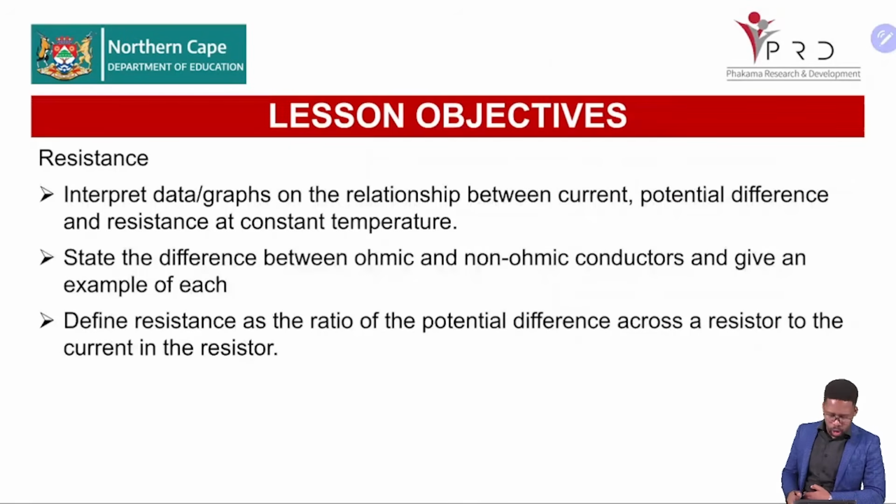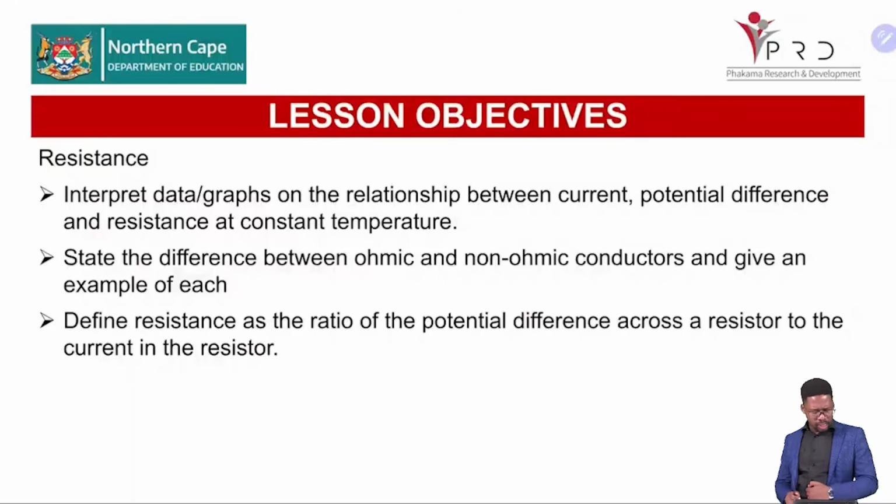It is the ratio of the potential difference across a resistor to the current in the resistor. And also, we know a simpler version of resistance, that it is the tendency of opposition of current. We are going to look into that as well.